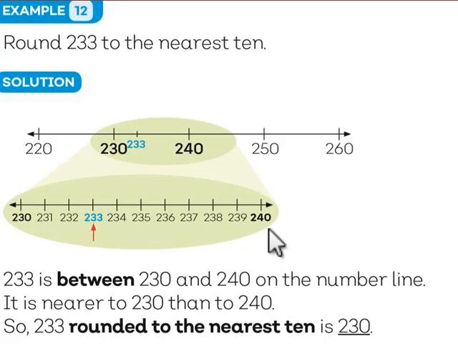So it is nearer to 230 than 240. So 233 rounded to the nearest 10, the answer is 230. Why? Because 230 is near to the nearest tens.